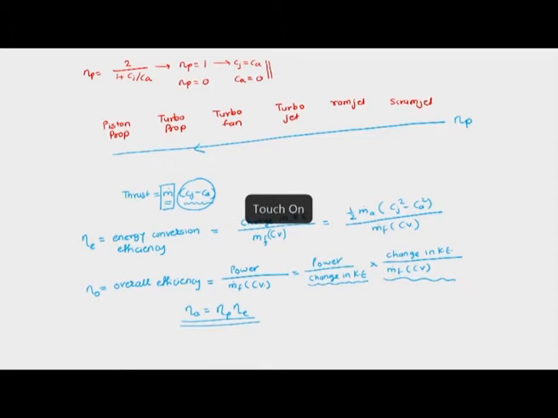There is one more thing which we can use for comparison, the specific fuel consumption. Specific fuel consumption is defined as mass flow rate of fuel divided by thrust. Here we can divide by mass flow rate of air in both cases.